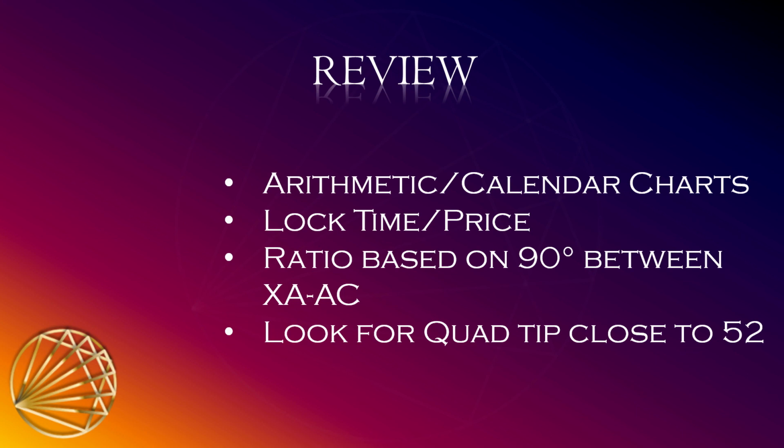When we've locked up our charts, it's then simply a matter of identifying which angle of the emblem the tip of the quad is closest to, and that's going to tell you which angle to trade off of. My personal preference, the 52 angle. If the tip is closest to the 52, then the trade setup is complete when the market touches the 52-degree angle.